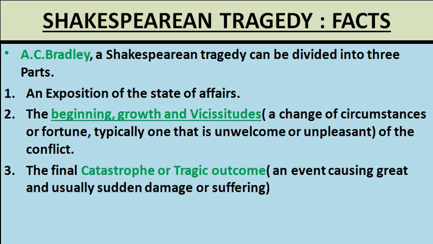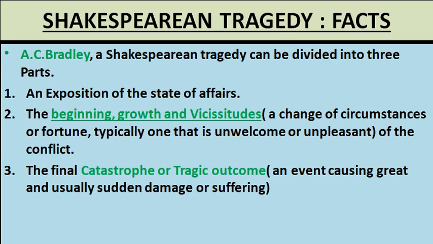And the third part which A.C. Bradley described is the final catastrophe or tragic outcome. So you will definitely find this final element called the catastrophe, or the tragic element. Here the catastrophe means an event causing great and usually sudden damage or suffering.